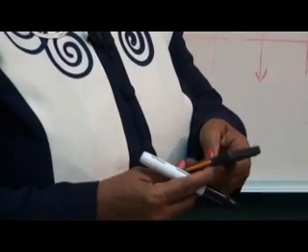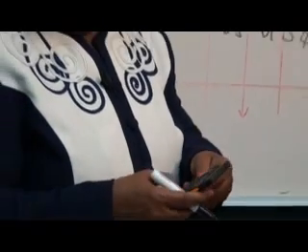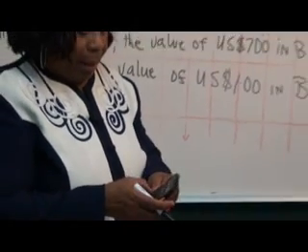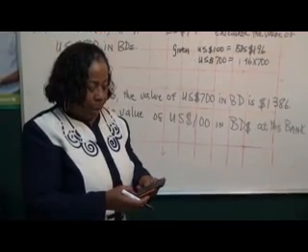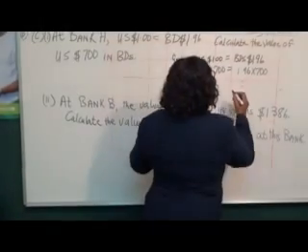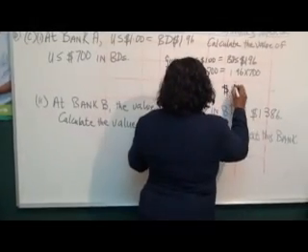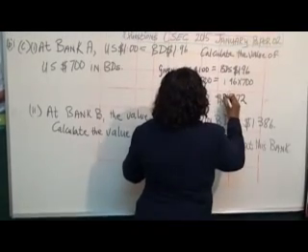Then we put in 1.96, multiplied by 700, and the answer is equal to, yes, 1372 BDS. All right?